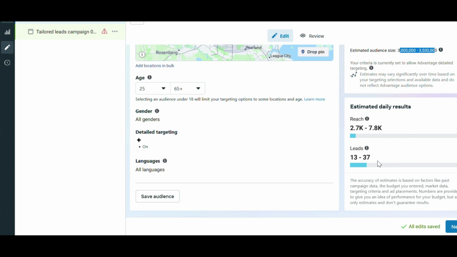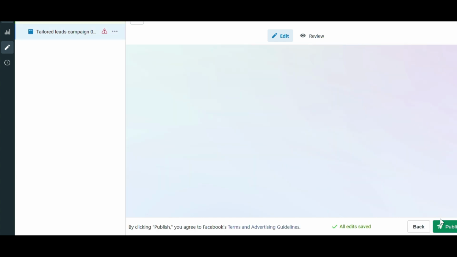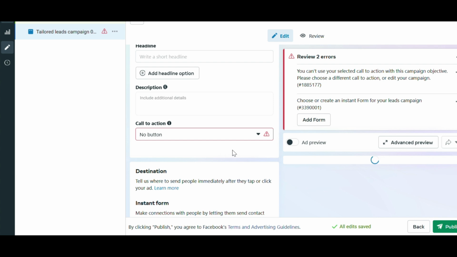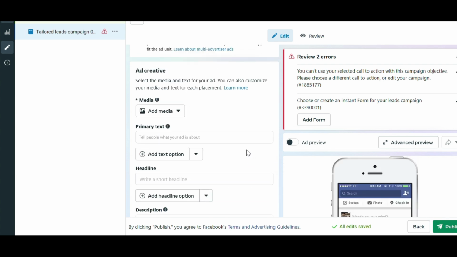Now, Facebook is giving us this example, 13 to 37 leads per day. I have seen this, folks, okay, but it does take good ads. It does take good ads for that to work very well in your favor, okay? So what we're going to do now, we're coming into where we're going to create our ad. We were at the ad level. I'm not going to put a creative in there.